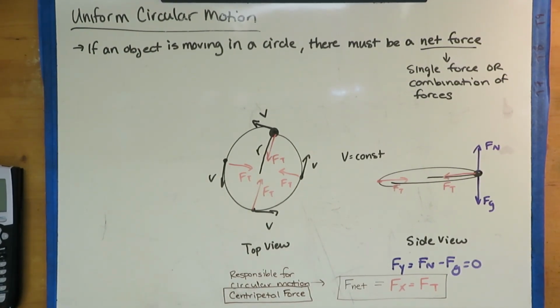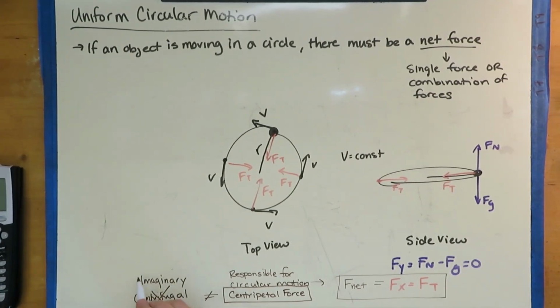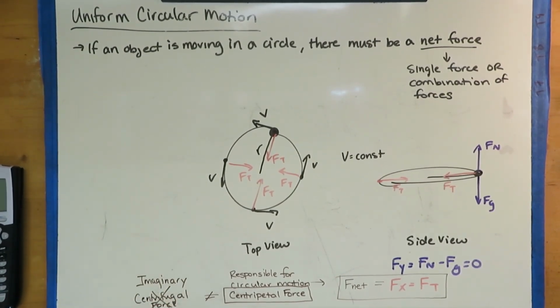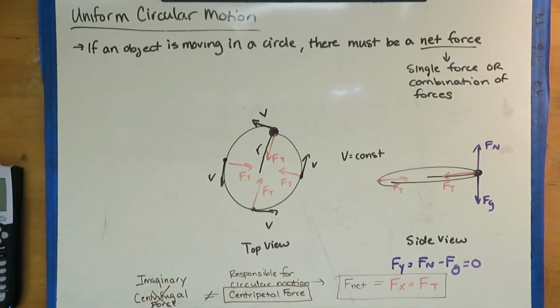Which is not the same thing as the centrifugal force, which is imaginary. The centrifugal force is described as an outward pointing force that is responsible for causing objects to move in an outward direction.